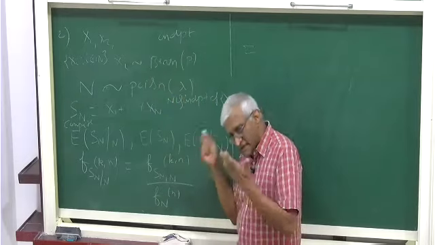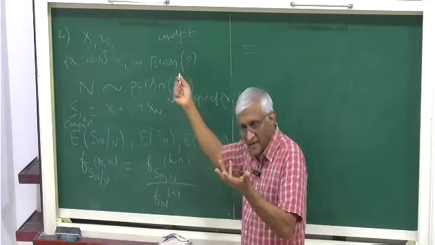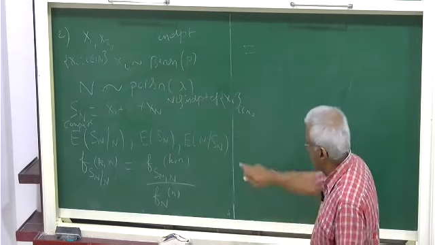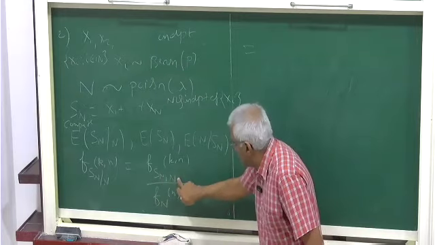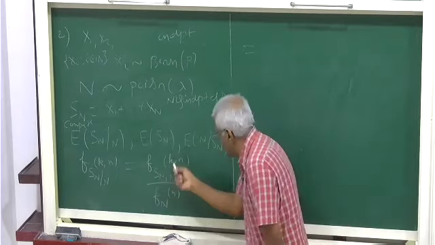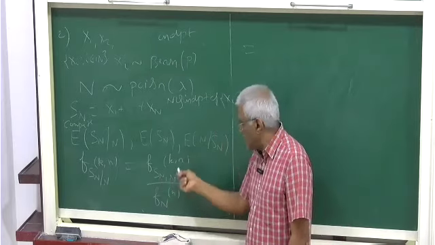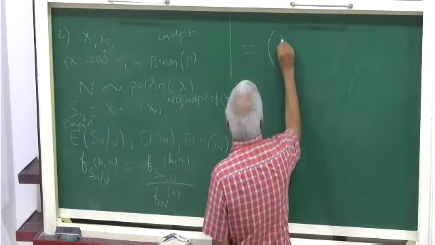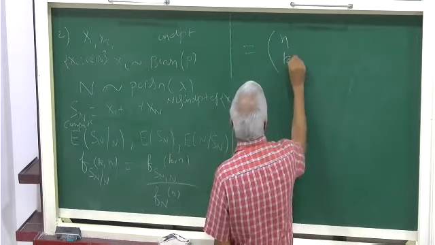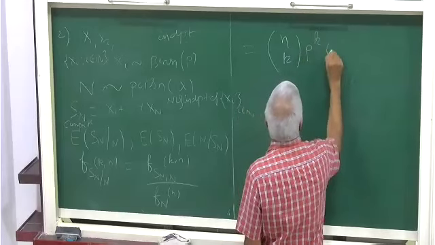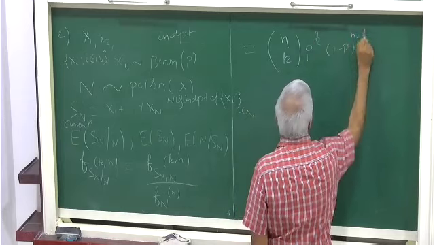When n equal to n, it is just binomial in n and p. So n equal to n is fixed, and it is just binomial: n choose k, p to the power k, 1 minus p to the power n minus k.